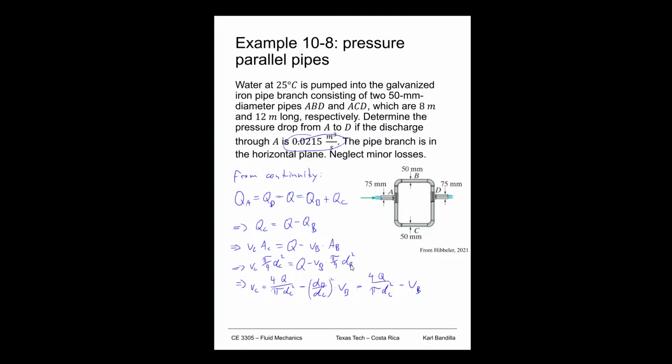The water is going to be 25 degrees C, so we can go back to our appendix and look up what those values are. So that would be 997.1 kilograms per cubic meter times our velocity, our VB, so 6.028011029 meters per second.